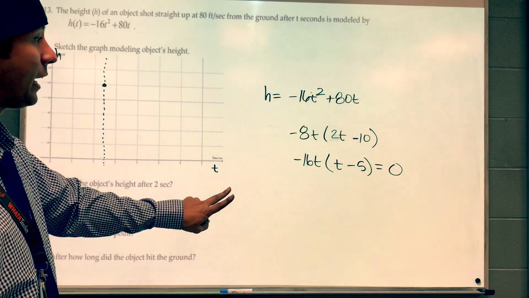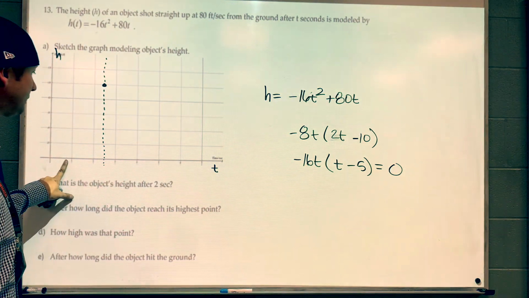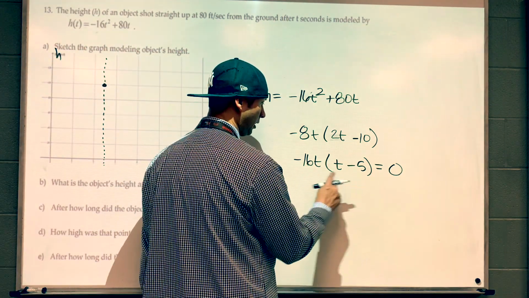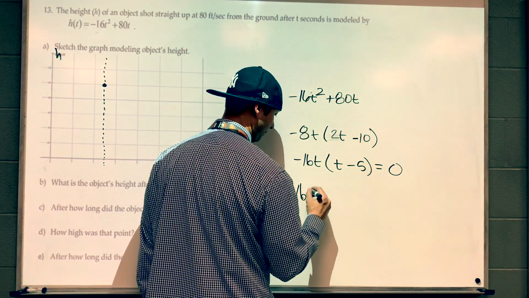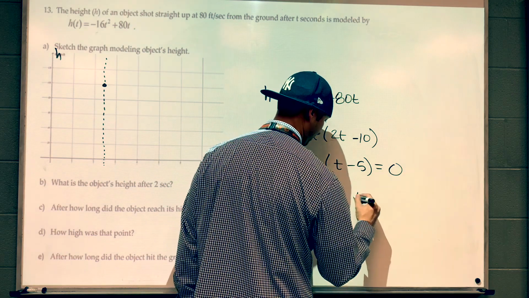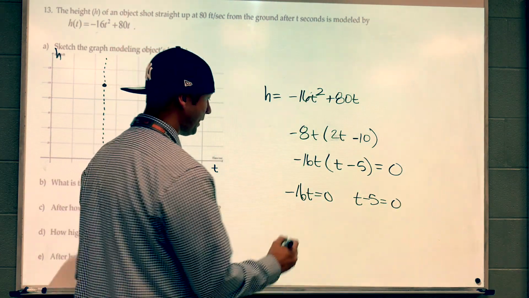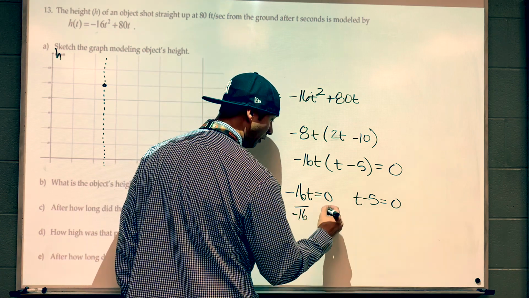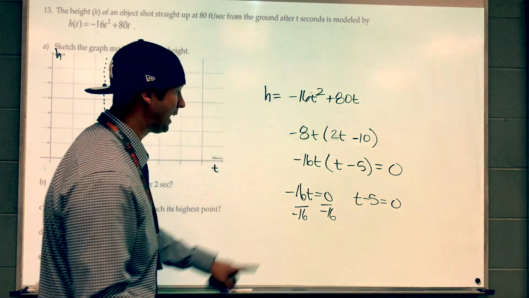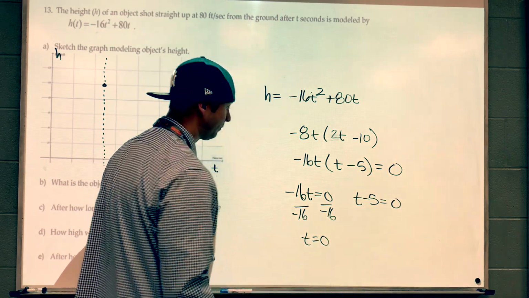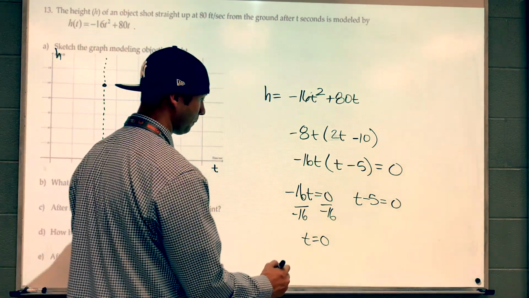So that way I can figure out where it crosses the horizontal axis. I have to set each of these terms equal to 0. Okay, divide by negative 16. Do I really need to? No, you could just look at it, right? t has to be 0. Two things being multiplied that equal 0, one has to be 0.